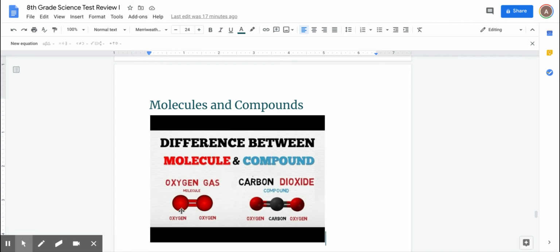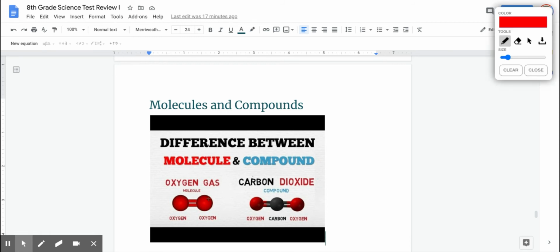So basically, when you have the same element, so right here we have 2 oxygen, right? And that's what's in air. Air has 2 oxygen atoms in it. That's why if we wanted to create water, if we had pure hydrogen, we just couldn't use air because there's 2 oxygen atoms. We need 1. So air has 2, so 2 oxygen is a molecule, right?